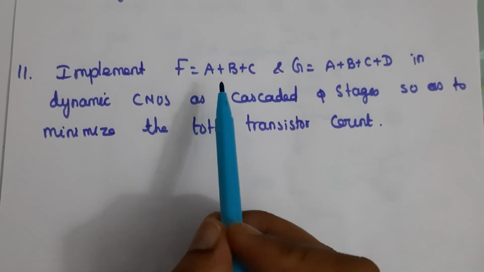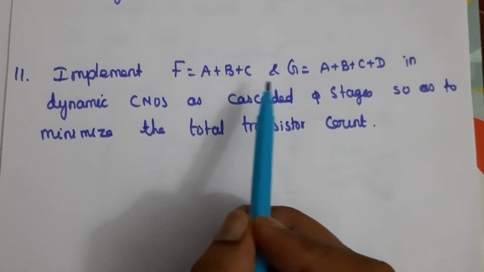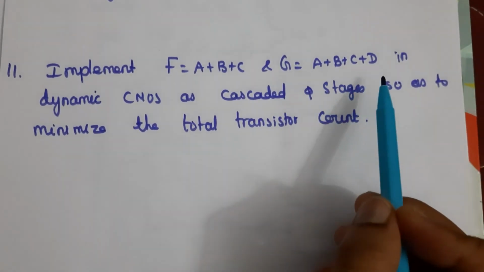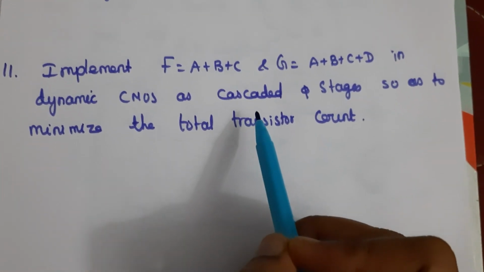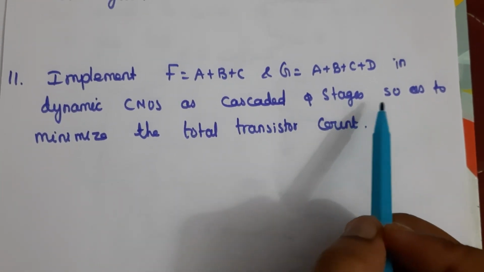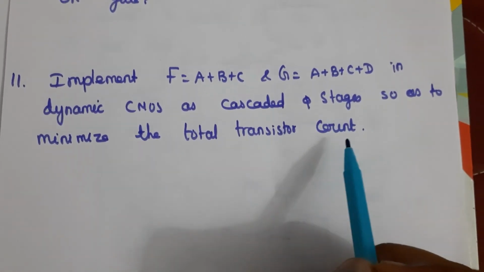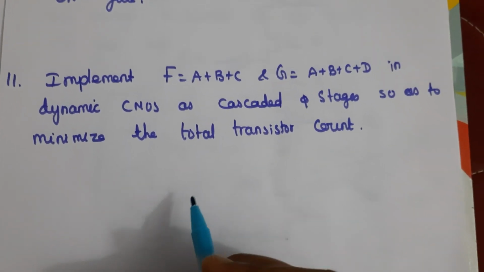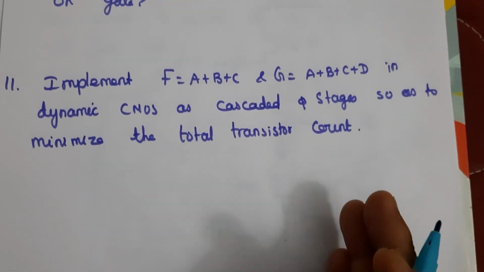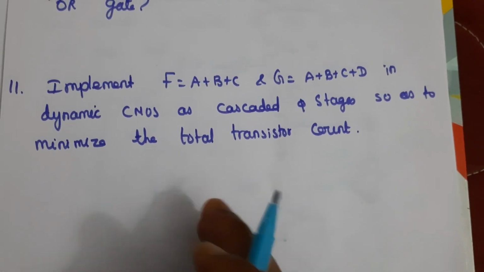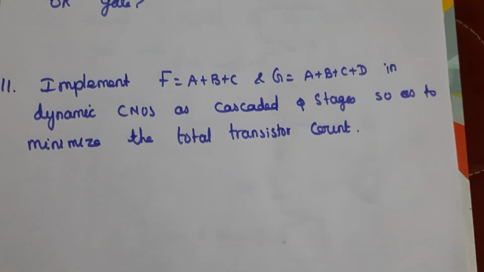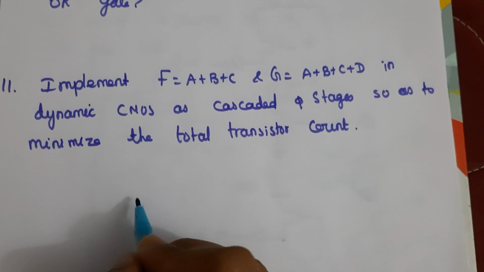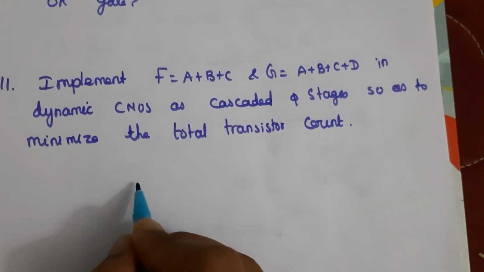Question: implement F = A + B + C and G = A + B + C + D in dynamic CMOS as cascaded stages so as to minimize the total transistor count. This dynamic CMOS can be cascaded using domino logic. Since this is an OR gate, we use parallel connection.